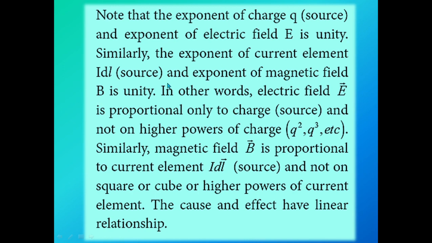In other words, the electric field E vector is proportional only to the charge source and not to higher powers of charge, q square, q cube, etc. Similarly, the magnetic field B vector is proportional to the current element I dl vector source and not to square or cube or higher powers of current elements. The cause and effect have a linear relationship.